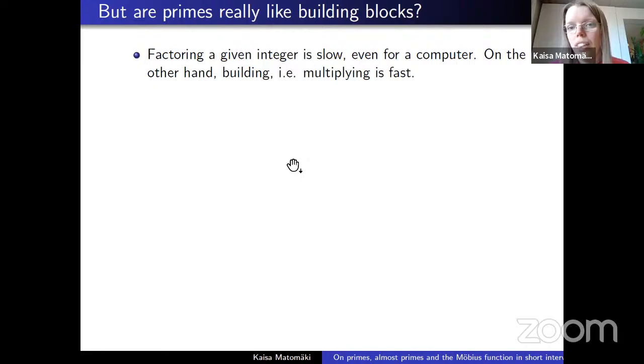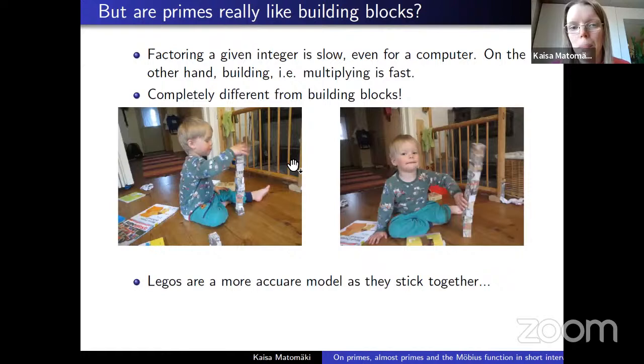It's easy to do by hand, with pen and paper, and computers can multiply huge numbers in a very short time. So this is completely different from building blocks. With building blocks, it's difficult to build. It takes a lot of concentration, whereas you can just do the destruction with your left hand with no problem. So I think that Legos are a more accurate model for the primes because the building takes time, but also the destruction takes time.